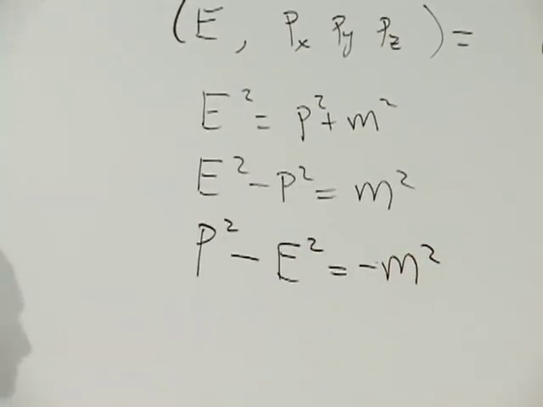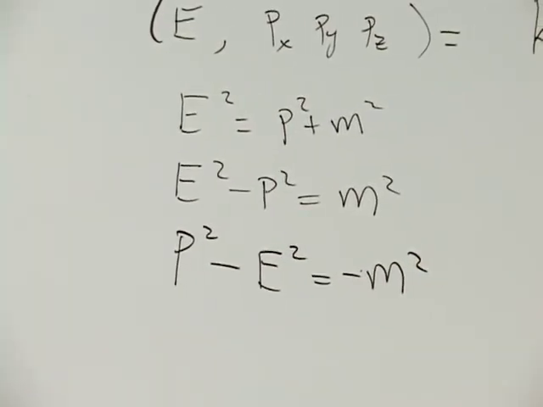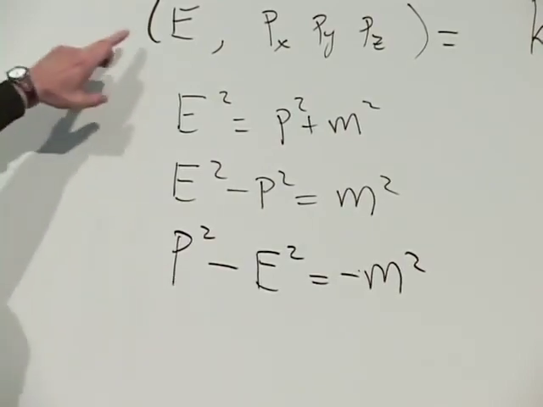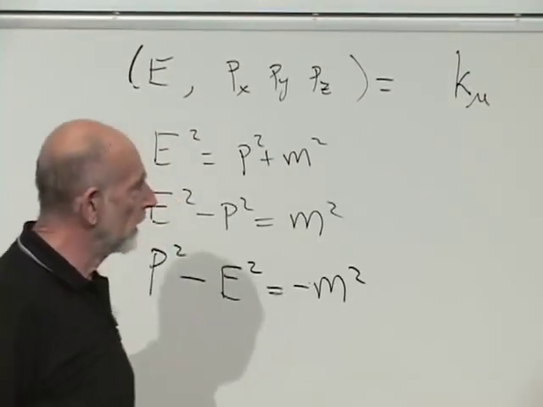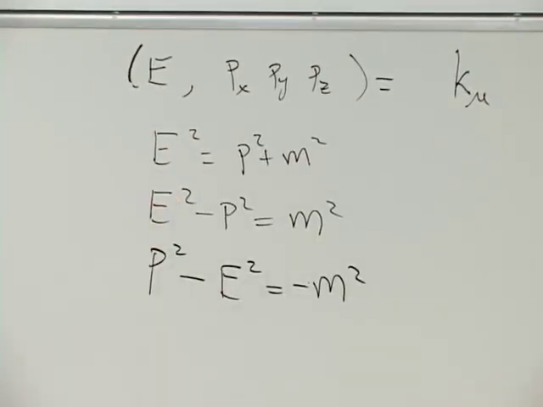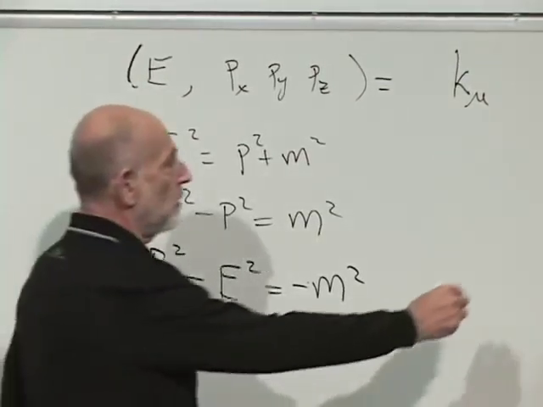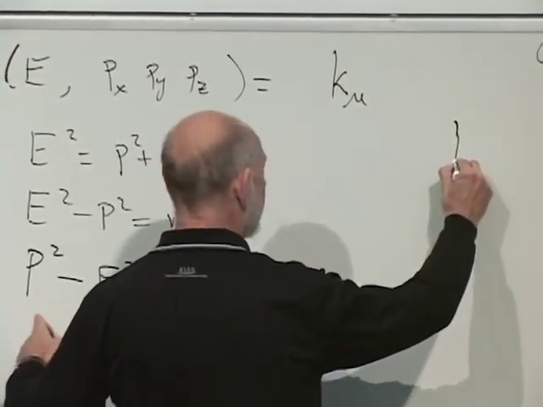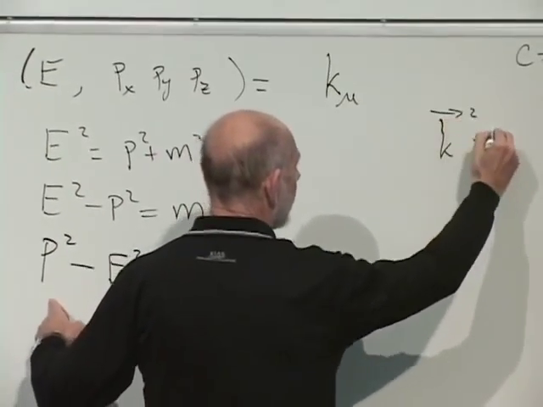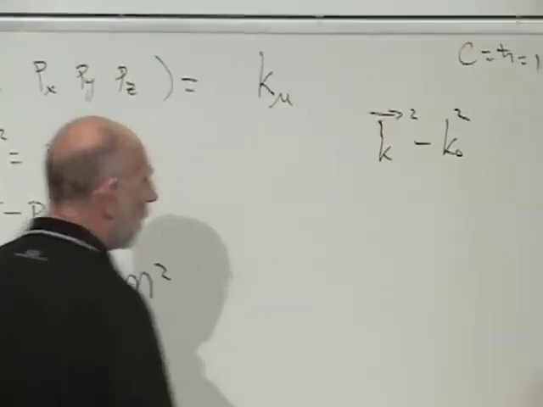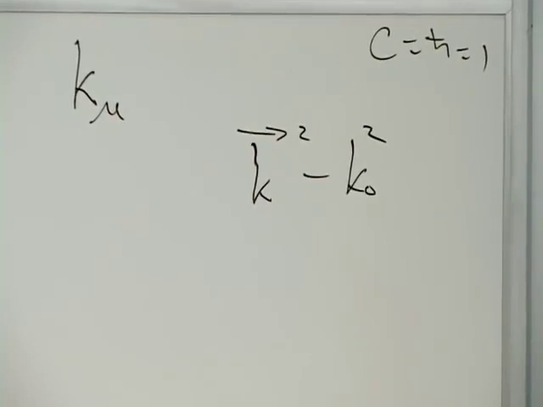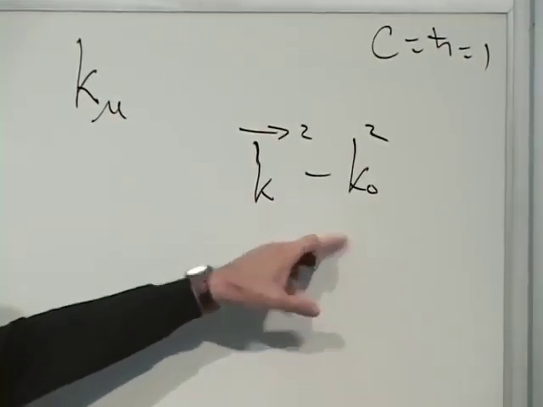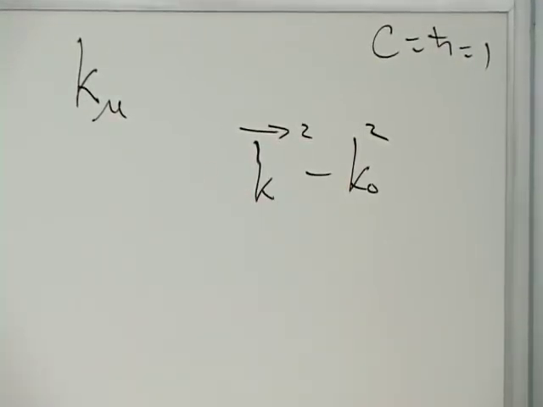Same formula, I've just taken the negative of it. Now, that can also be written in terms of the components of K. It's k vector squared minus k naught squared. Naught standing for the time component, E. Spatial component squared minus the time component squared. And this is often just called k squared.